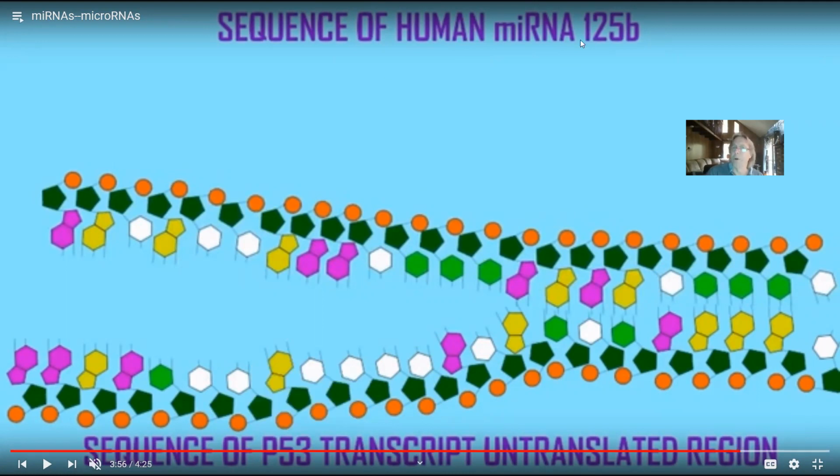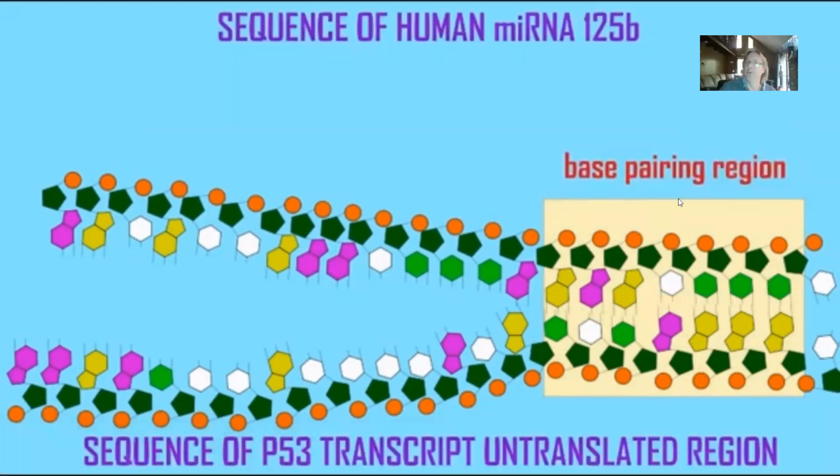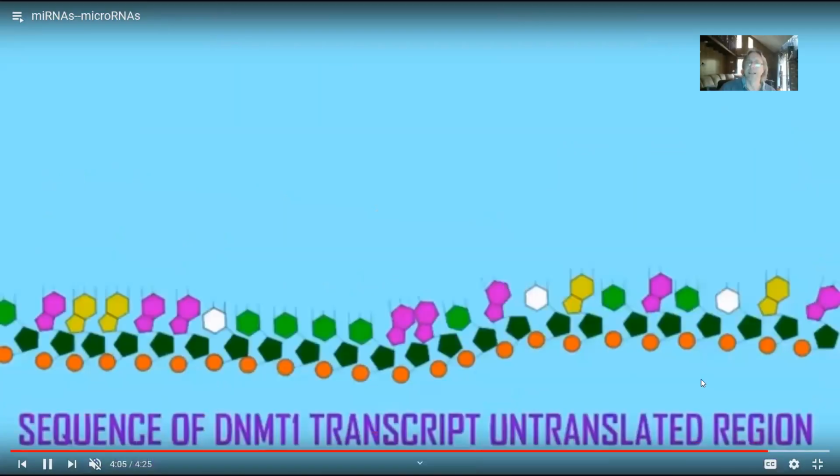Well, microRNA 125B can bind to this and inactivate it. So just because you've made P53 doesn't mean that it will become protein and be used. You can actually eliminate it. And there are many other examples known as well.